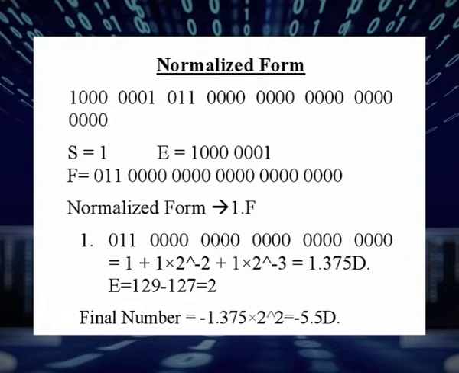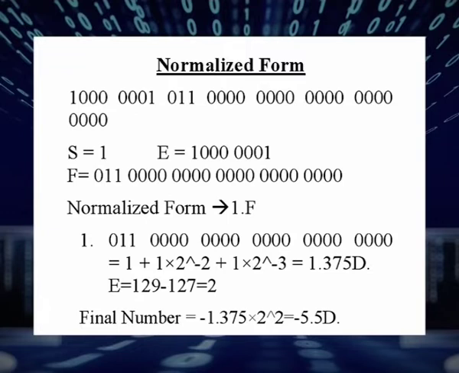The sign bit s represents the sign of the number, with s is equal to 0 for positive and s is equal to 1 for a negative number. In this example, with s is equal to 1, this is a negative number. So we get minus 1.375.